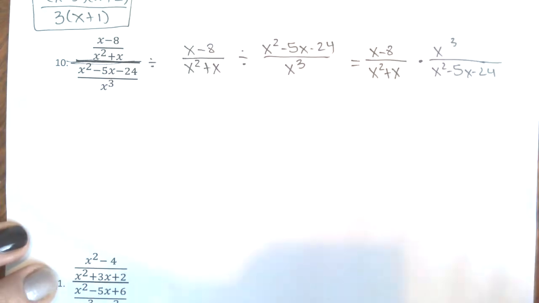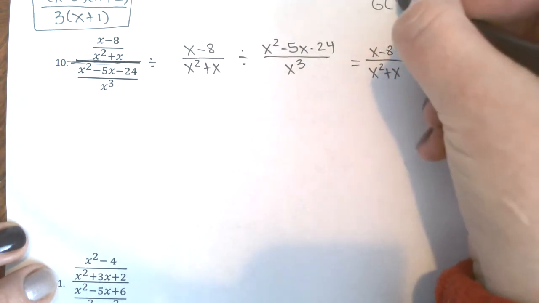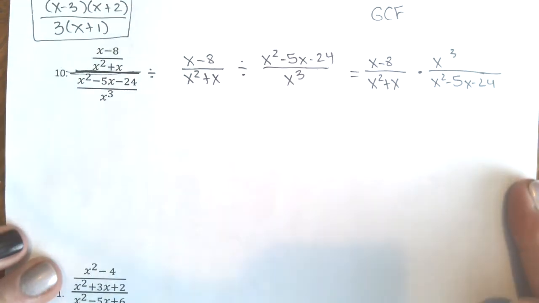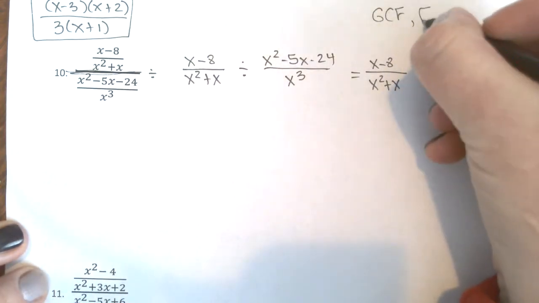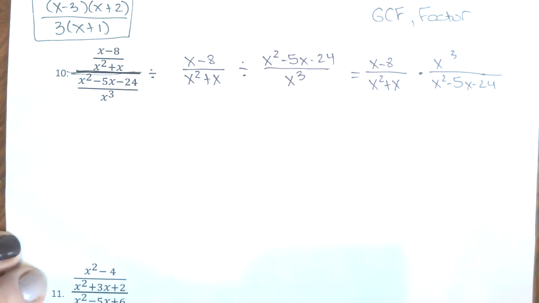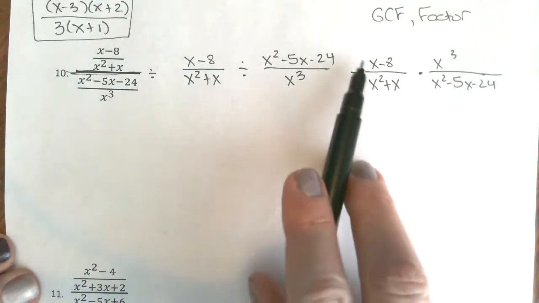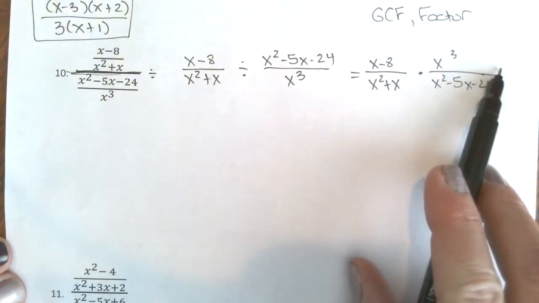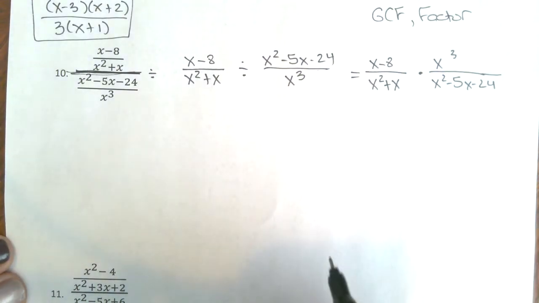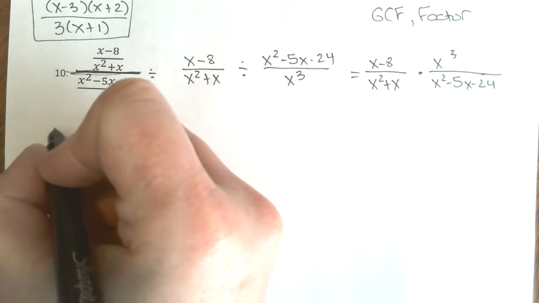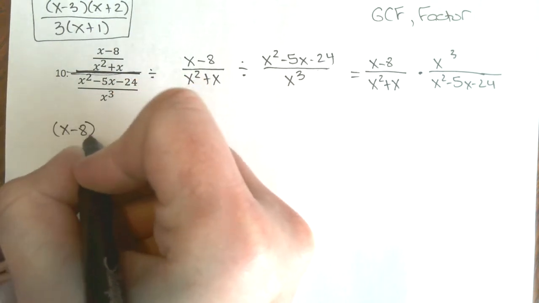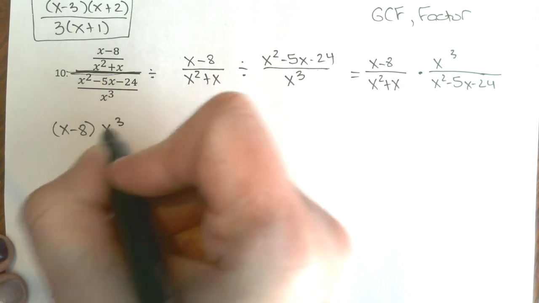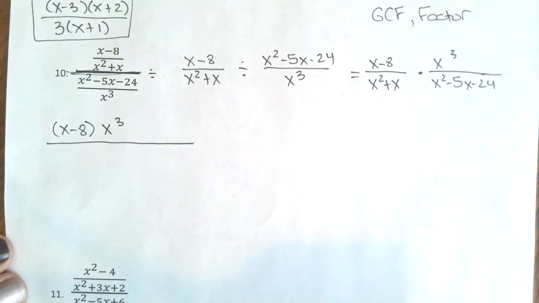Now, some parts you're going to need to find a GCF, and then other things you're going to need to factor. This is one giant numerator. Do not multiply and distribute ever. So I have one factor of x minus 8. I have another factor of x to the third.